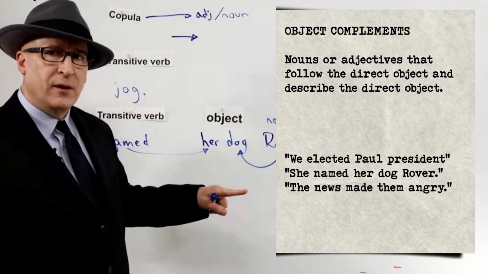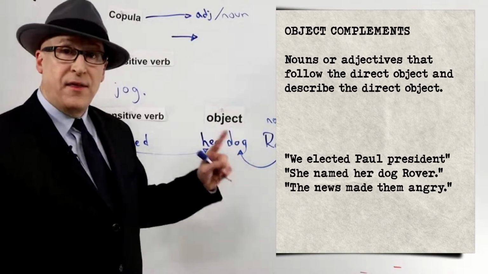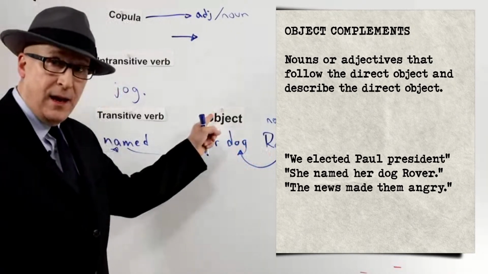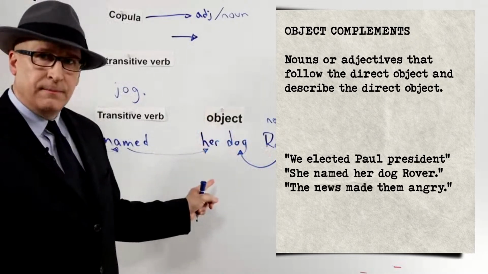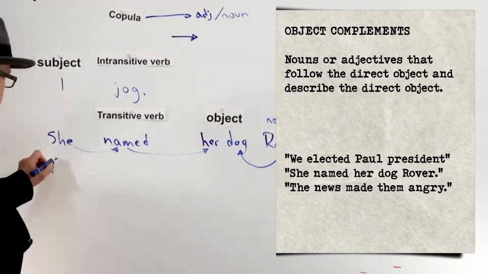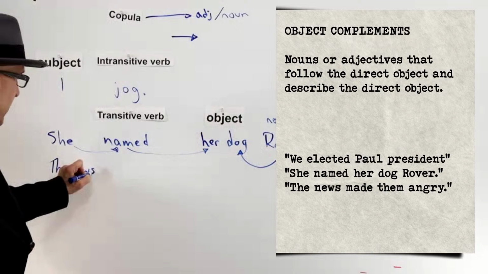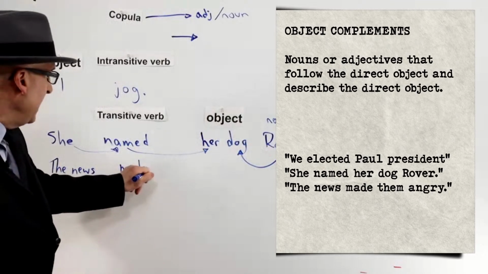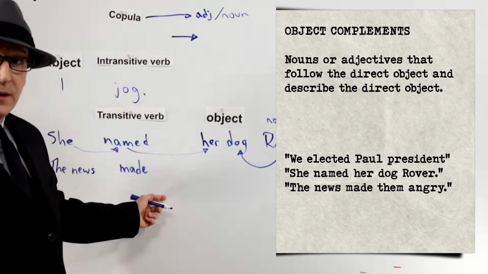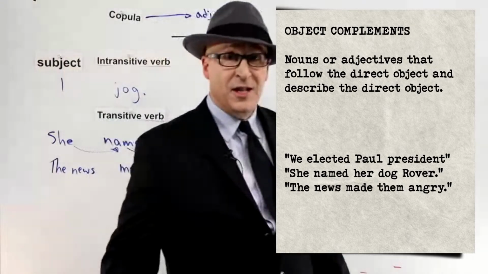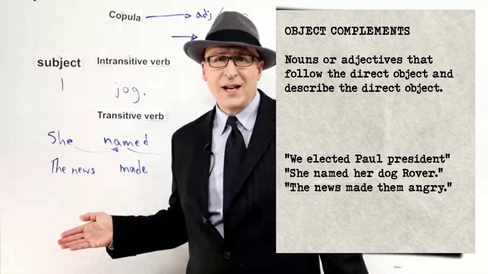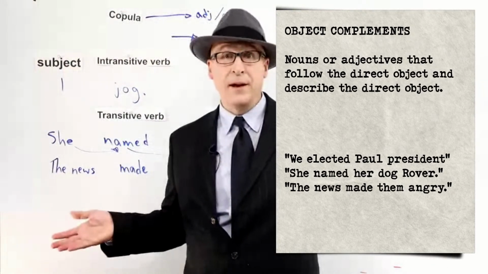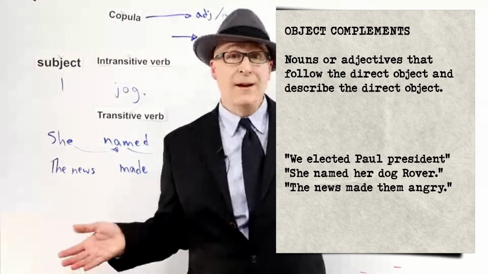And the final example here is the news made them angry. In that case, the news is the subject, made is the transitive verb, right? And you can see that it's transitive because you can't just walk around saying the news made.